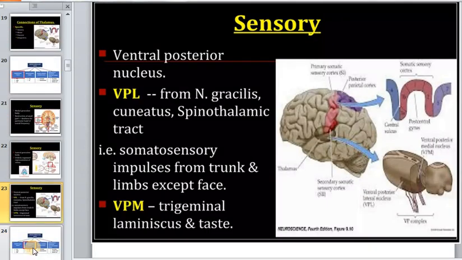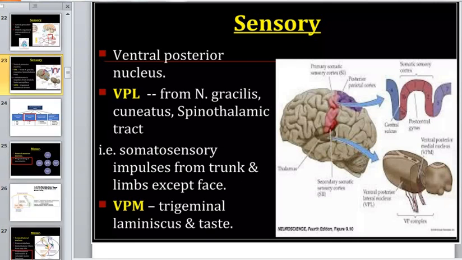From a clinical point of view, the most important connections of the thalamus are those of the ventral posterior nucleus. We have seen that this nucleus is divisible into ventral posterior lateral and ventral posterior medial parts that are sometimes mentioned as separate nuclei.